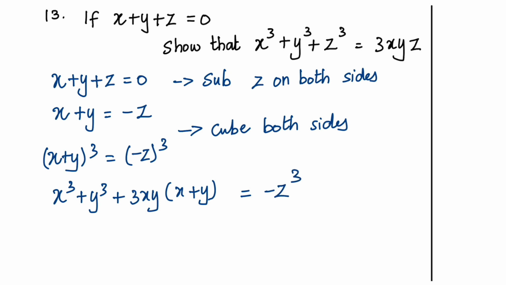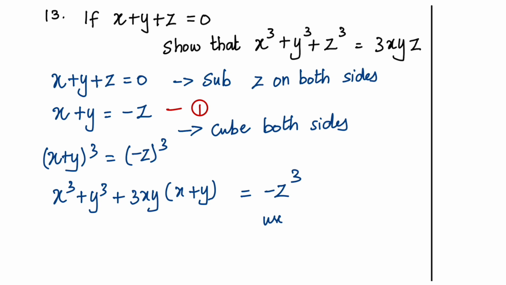Why just minus z cube? Because this sign remains the same when cubing a number. Okay, now from the question, from this thing that we have noted, we know that x plus y is equal to minus z, right?